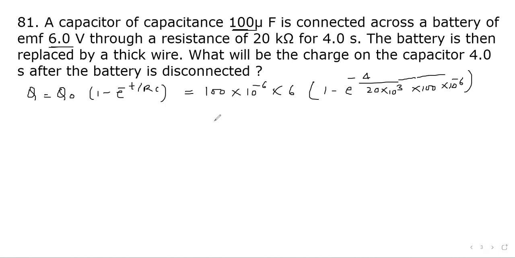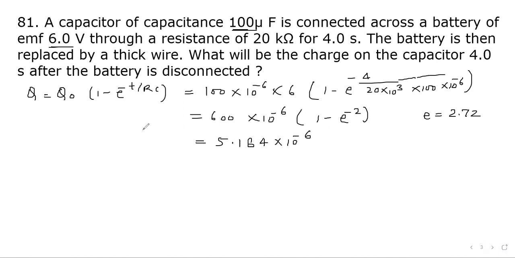So this will become 600 into 10 to the power minus 6 into 1 minus e to the power minus 2, and we know that e equal to 2.72. If we evaluate it, this will become 5.184 into 10 to the power minus 6 coulomb.